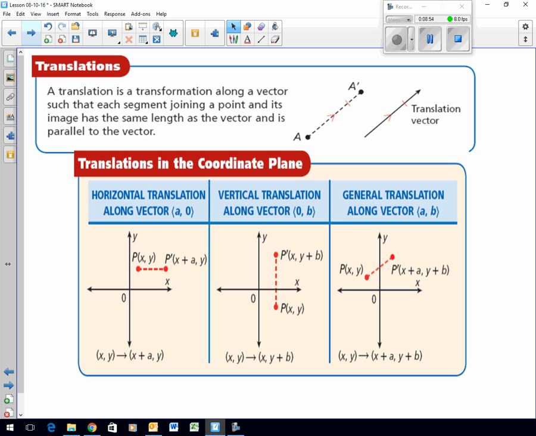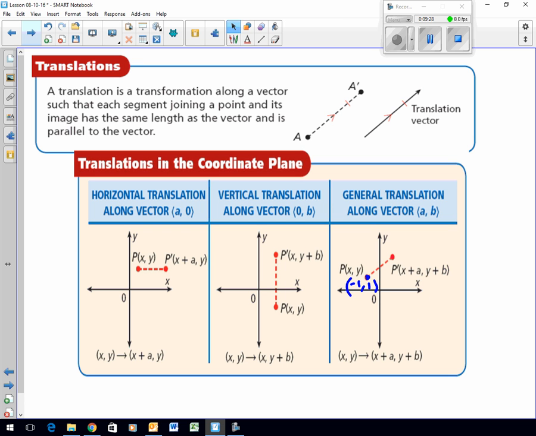Then I get to the general translations along the vector, right? And then all of a sudden, I get to move things left, right, and up and down. So let's see how we do with this. If I start at this point, point P, let's call point P (-1, 1). And I add this transformation and move point P. Let's make it easy.